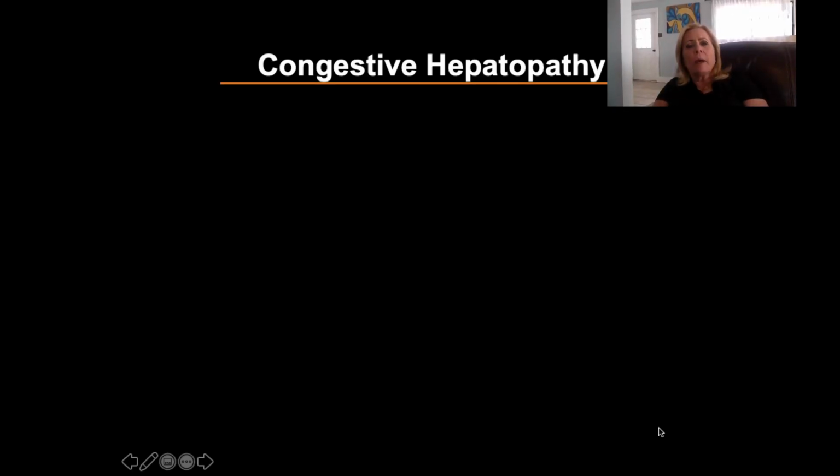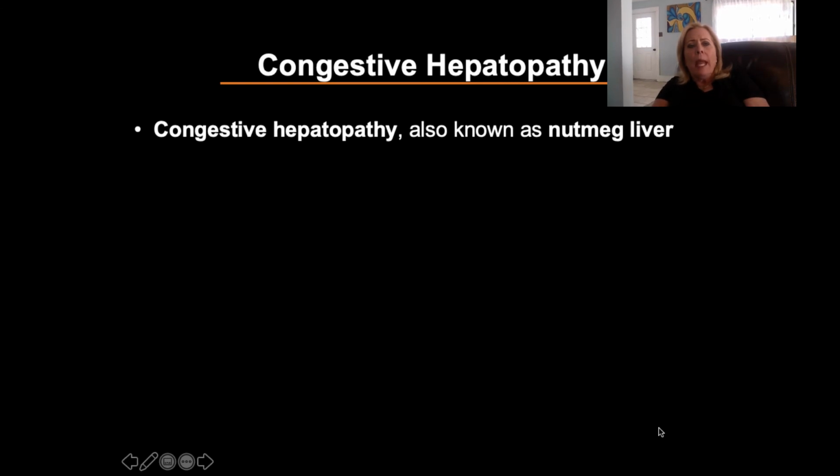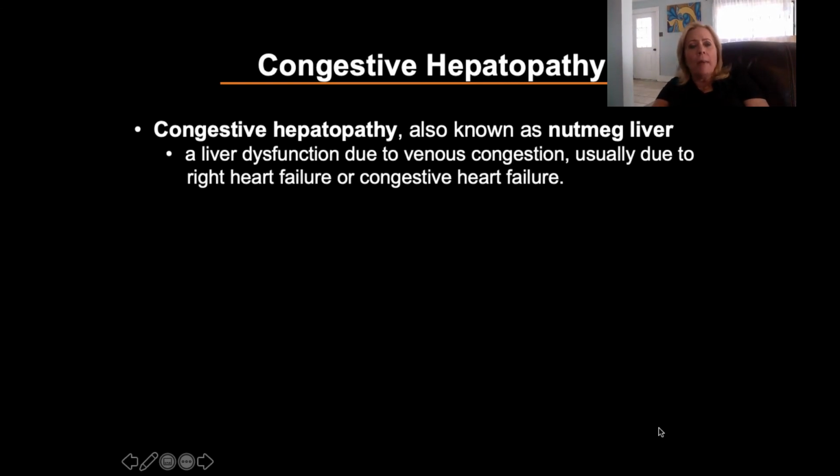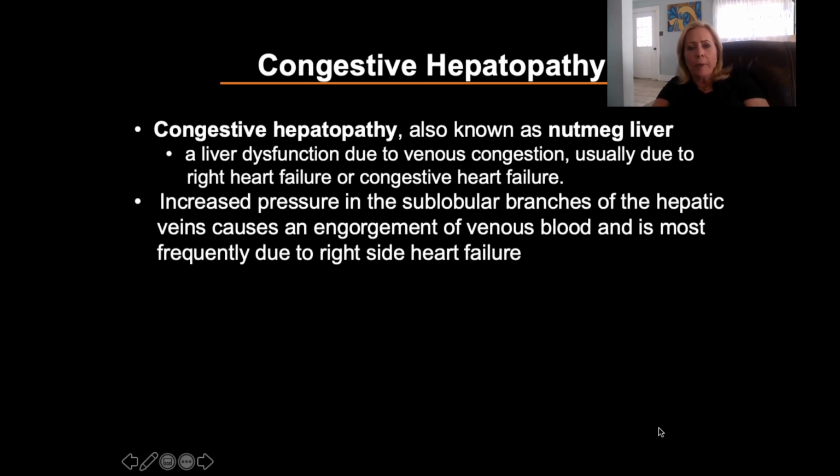All right, so we're going to talk about congestive hepatopathy, and this is also known as the nutmeg liver. So the liver dysfunction is due to venous congestion due to either right heart failure or congestive heart failure. So think about this. So blood is coming from the liver up the inferior vena cava to the right side of the heart.